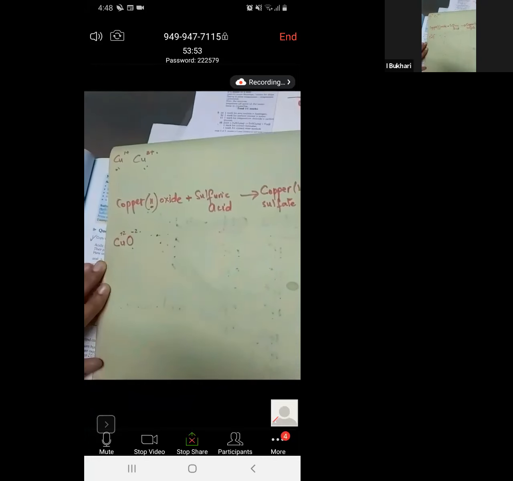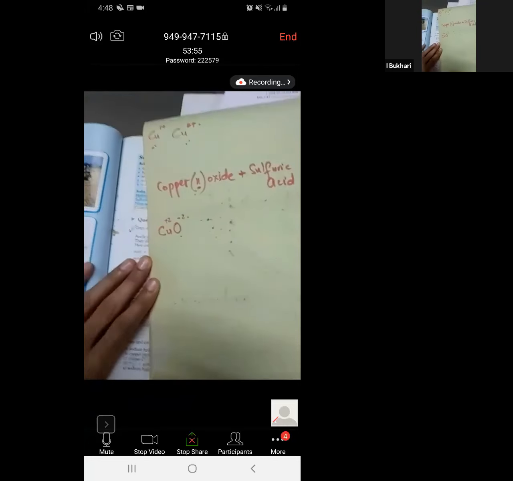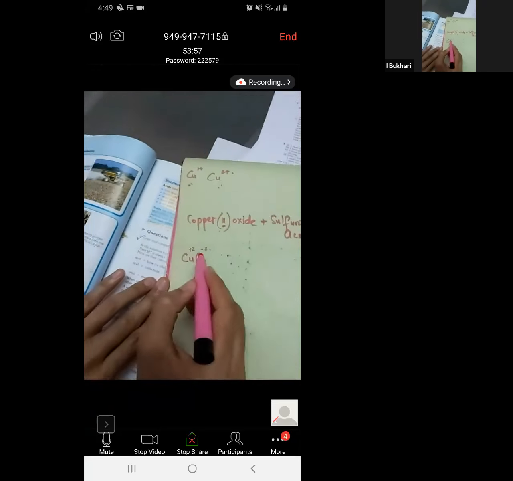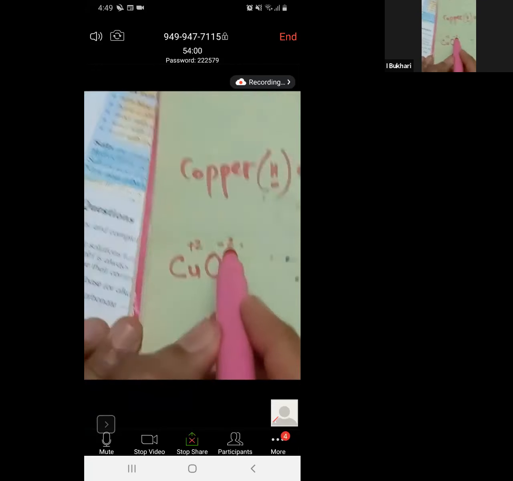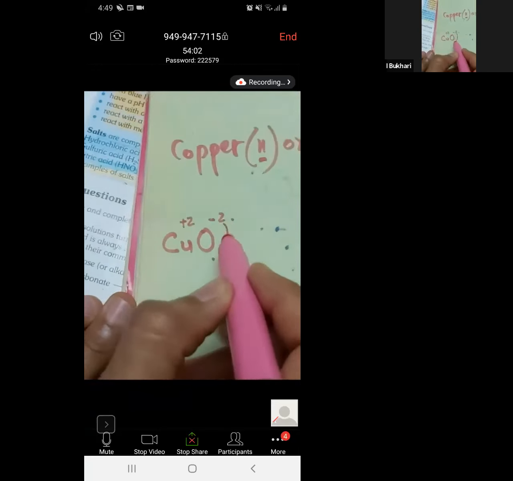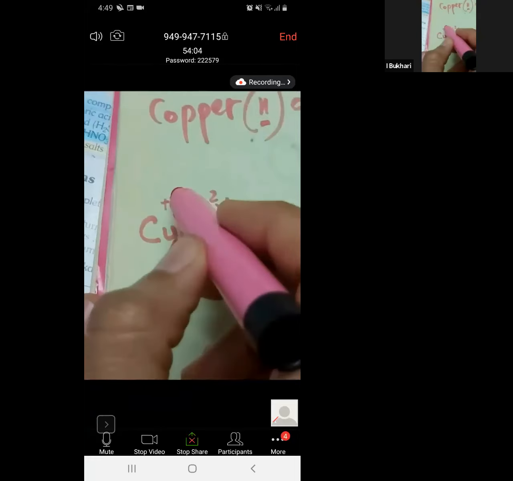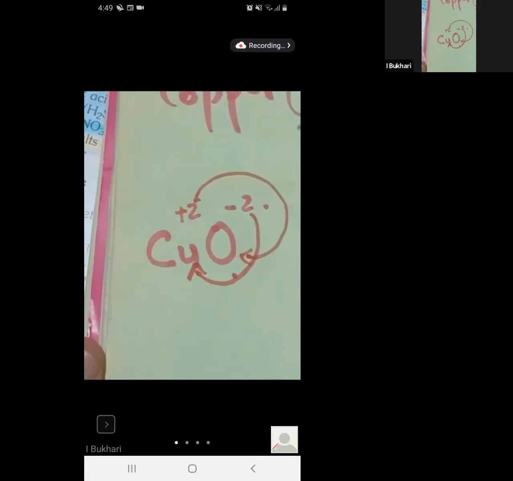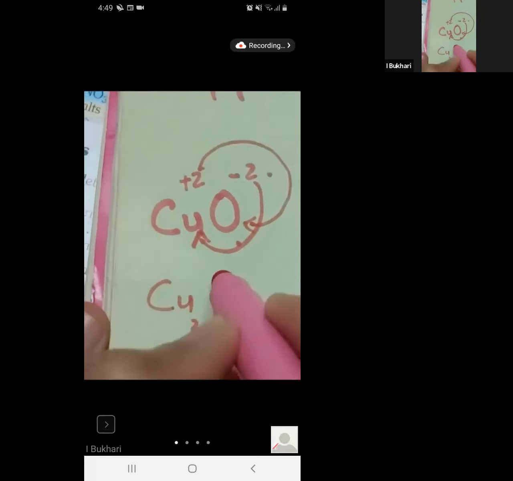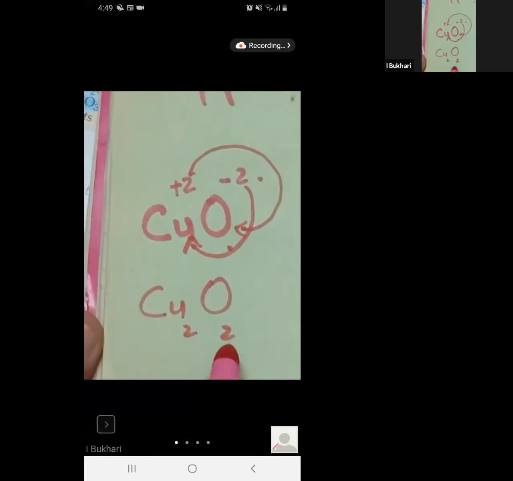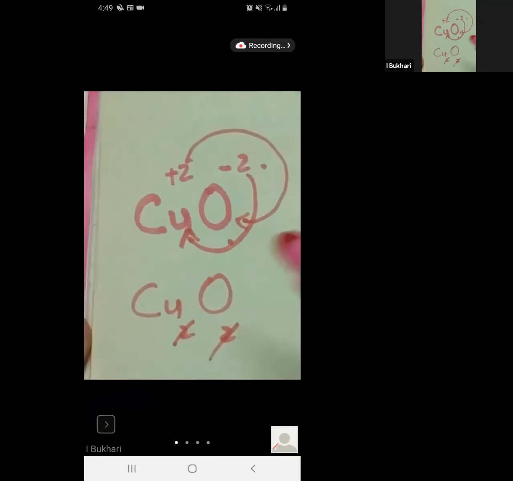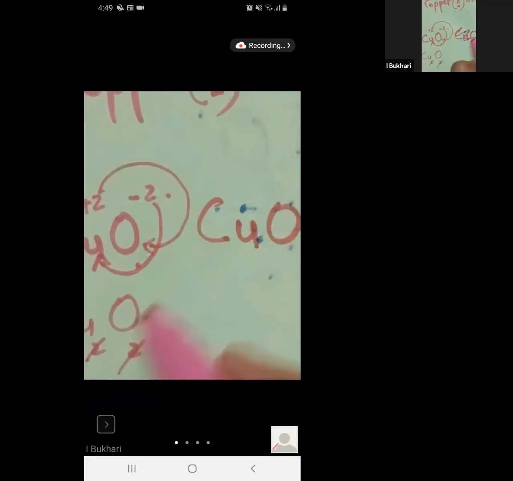So crisscross: the oxidation state of oxygen is written here, and the oxidation state of copper is written here. So Cu2O2, but when both the numbers are the same, they just get cancelled. So we get CuO, simple, because the 2 got cancelled.